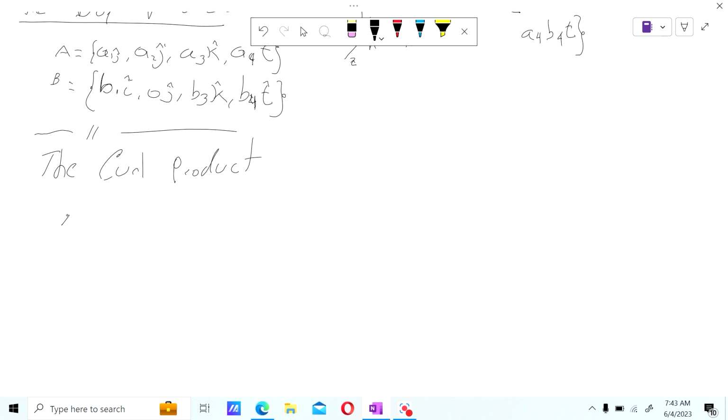So we're going to have the same vectors A and B with components A1 I, A2 J, A3 K, and B1 I, B2 J, B3 K. The cross product tells us that we have to do the following, just for two vectors.